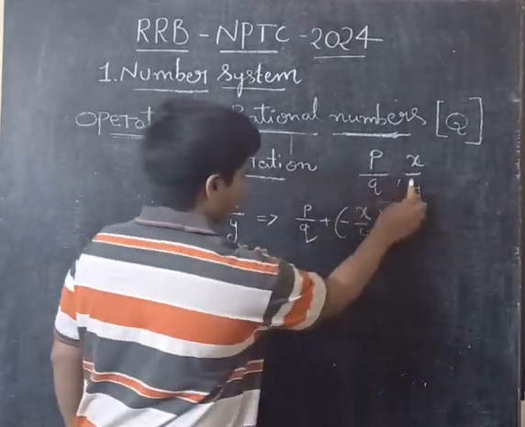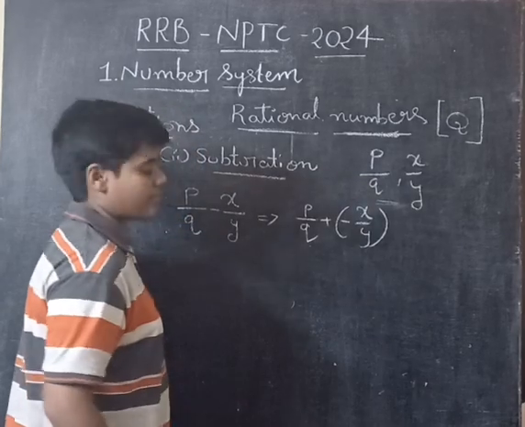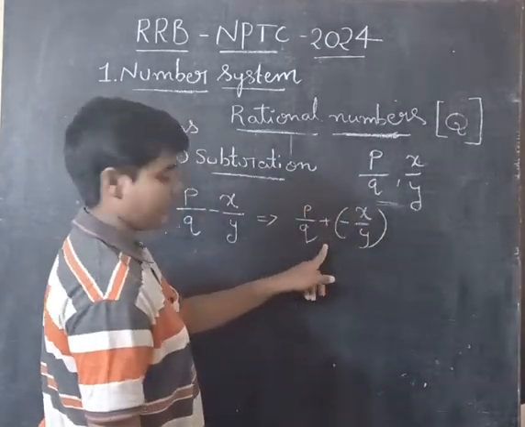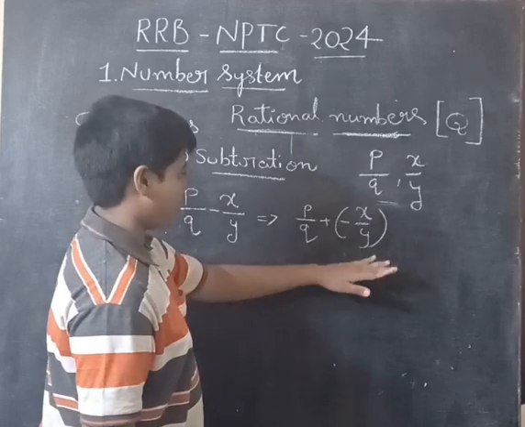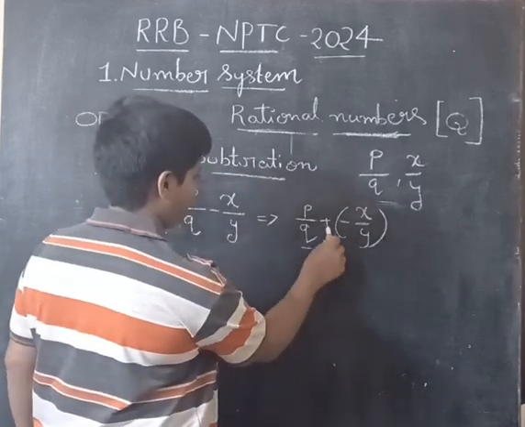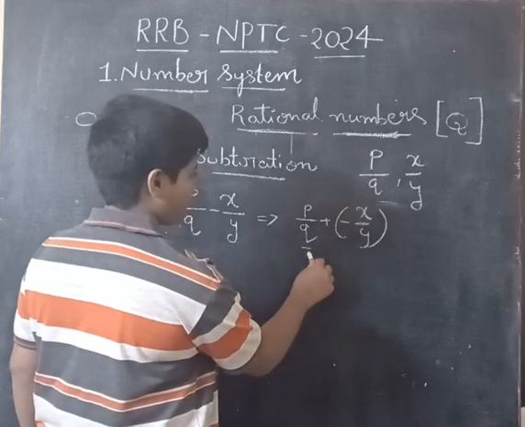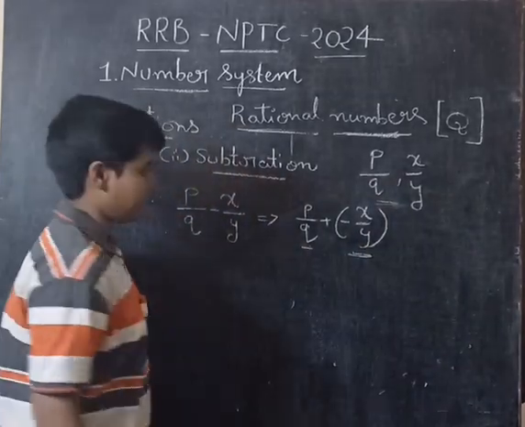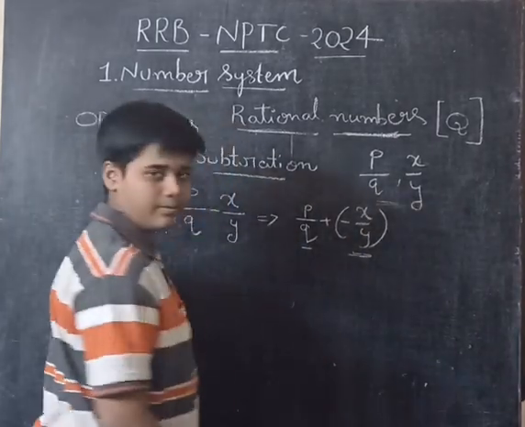If you see, with these two positive rational numbers, the subtraction is nothing but the addition of another rational number's additive inverse. So in the addition of two rational numbers, one rational number is the additive inverse of its own.